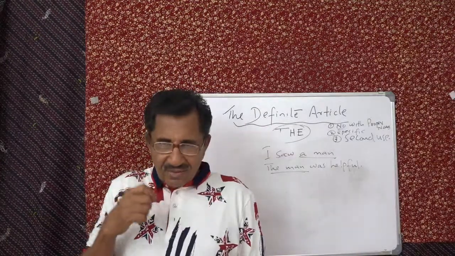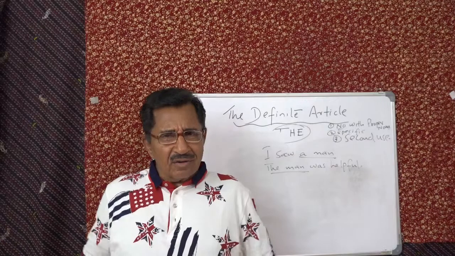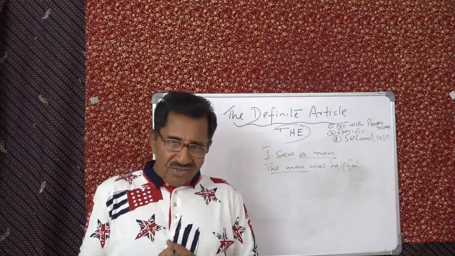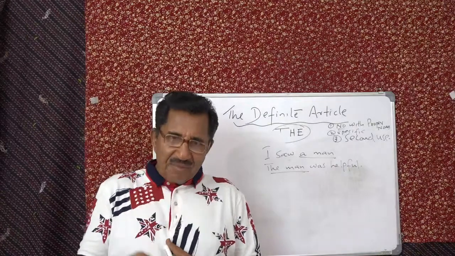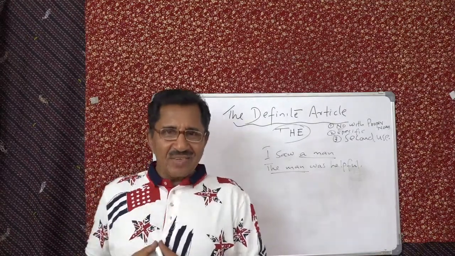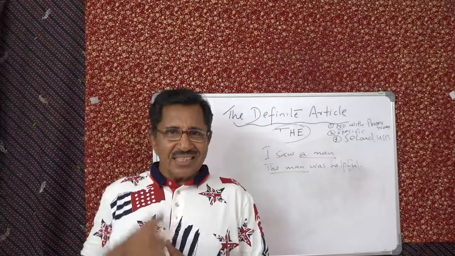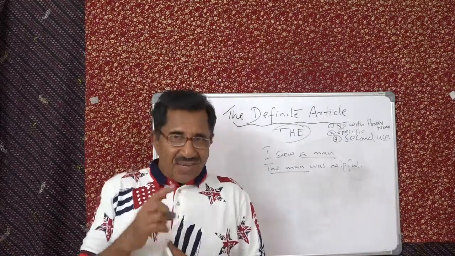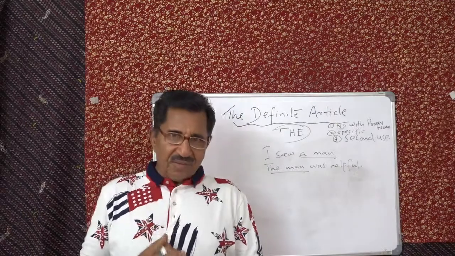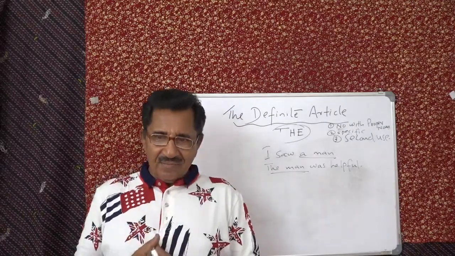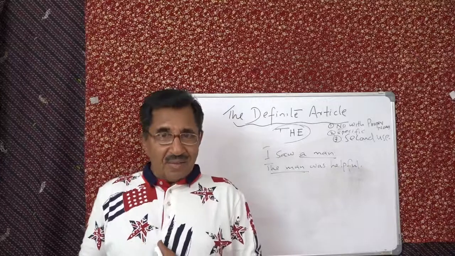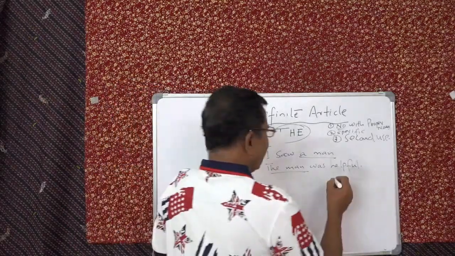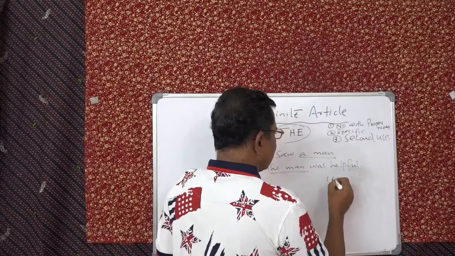Mouth organ. Lots of them, isn't it? So remember, whenever you use the name of a musical instrument, you should use the guitar, the violin, the harmonium, the tabla, the keyboard. So this is the fourth point: musical instruments.